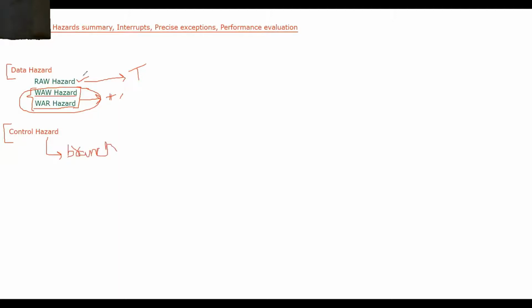Before discussing this, we know that because of RAW hazard, there is a 3 cycle penalty in case of a 5 stage pipeline. Now let's take a branch instruction. As I said, because of a branch instruction, there will be a 2 cycle penalty.